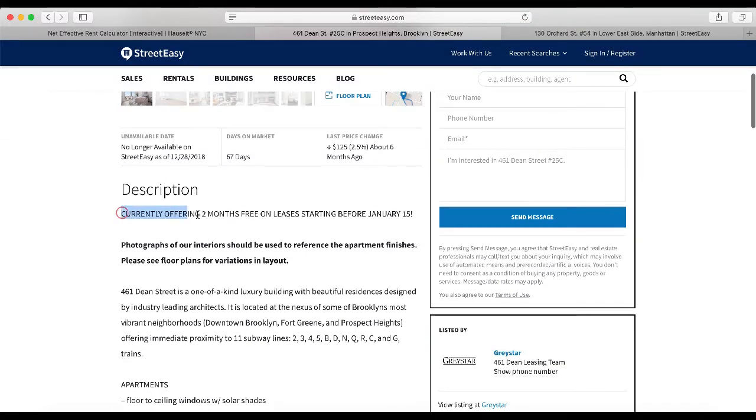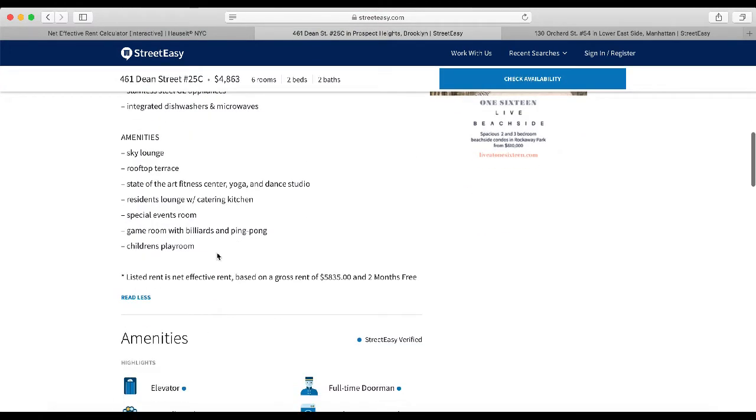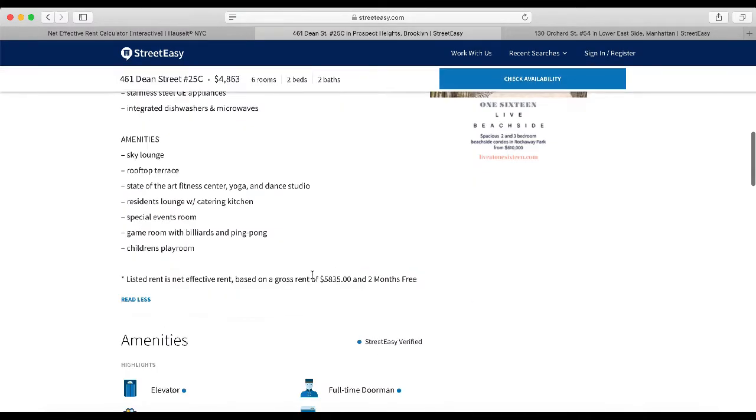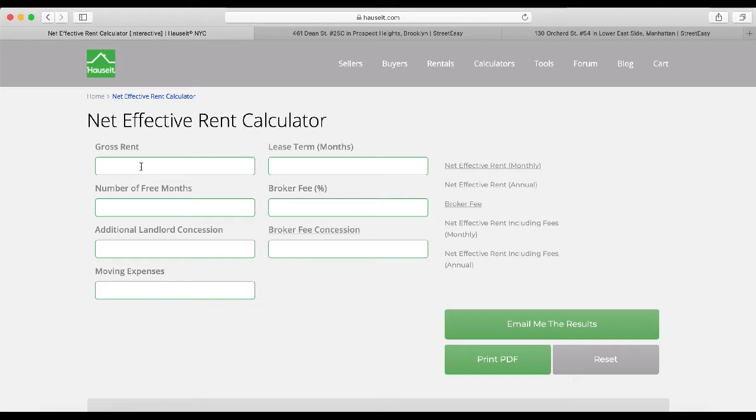So going back to the first example, if we scroll down here, we're going to see immediately currently offering 2 months free on leases starting before January 15th. If we go further down, it will tell us that the listed rent is net effective rent based on a gross rent of $5,835 and 2 months free. So let's use the calculator to get from $5,835 to $4,863. The first thing we're going to do is put the gross rent of $5,835.